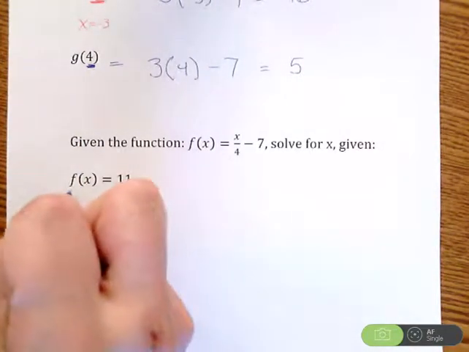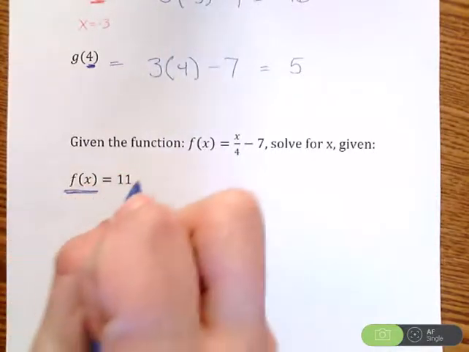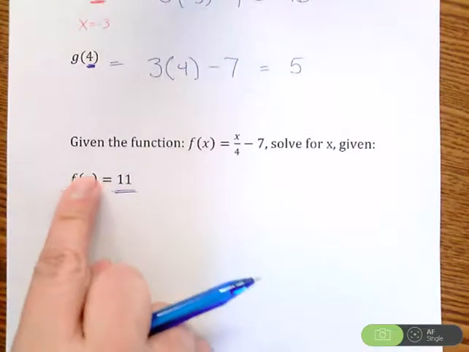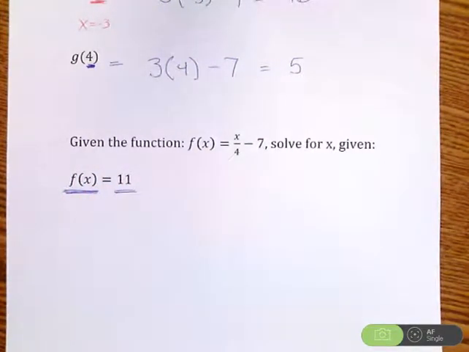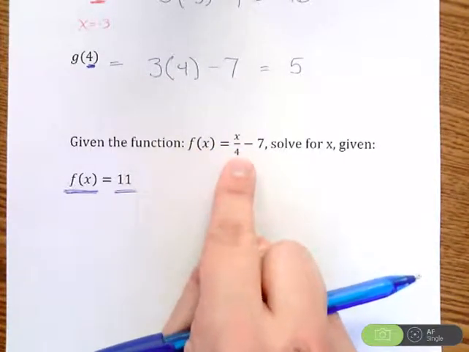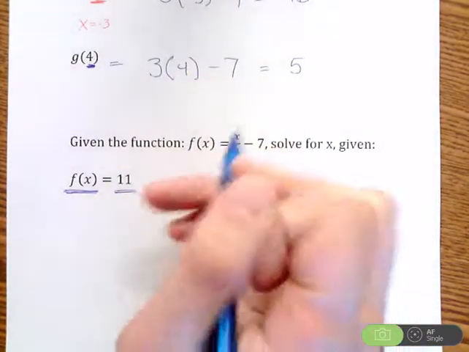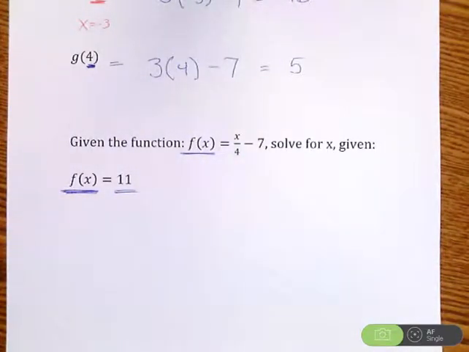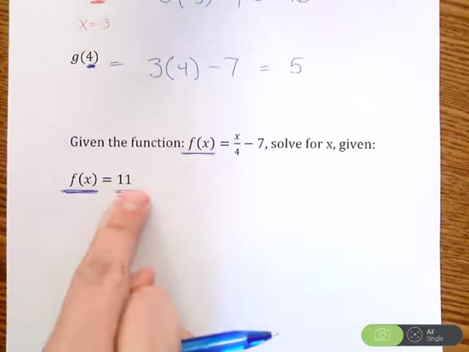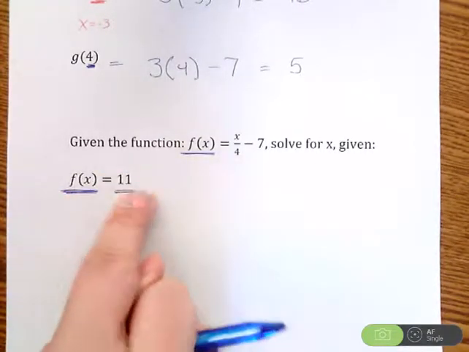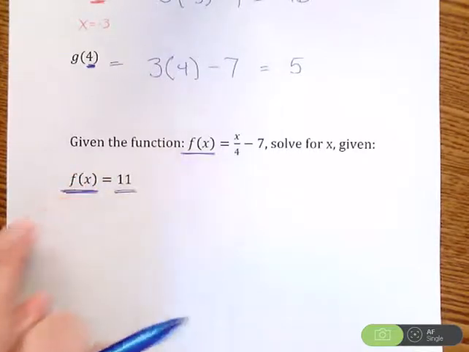We're telling you f of x, this function, is supposed to be equal to 11. Right now we have f of x is equal to x divided by 4 minus 7. Notice I have f of x here, I have f of x here. When it says f of x equals 11, anytime I see f of x, I can plug in 11 in that exact same spot.